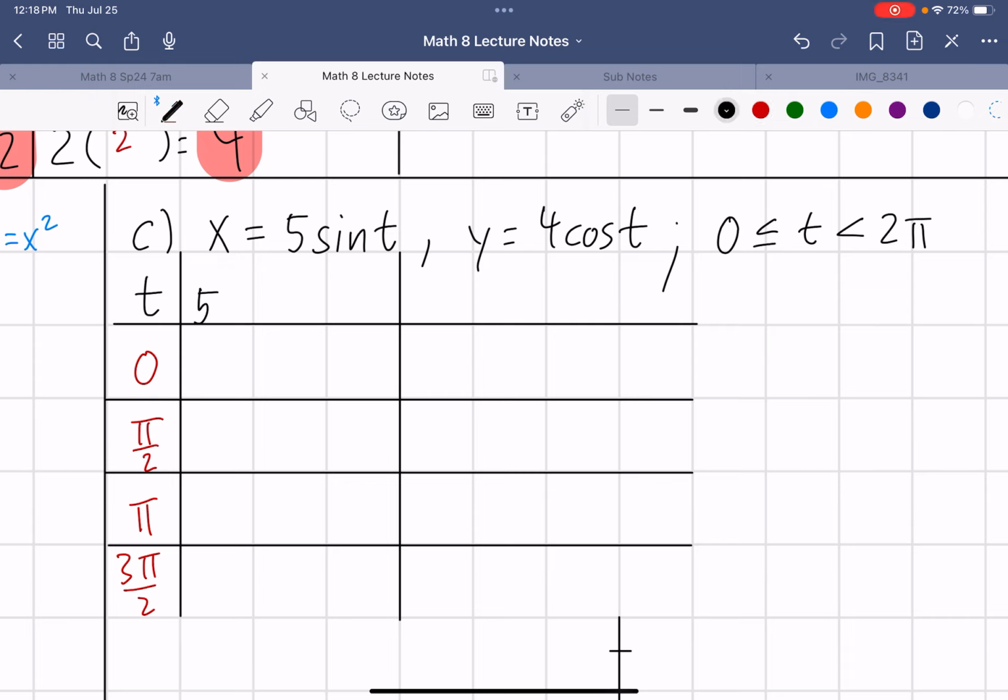Just like before, we're going to have 5 times sine of t. This is my x. I have 5 times sine of t. I just put parentheses where the argument should be.